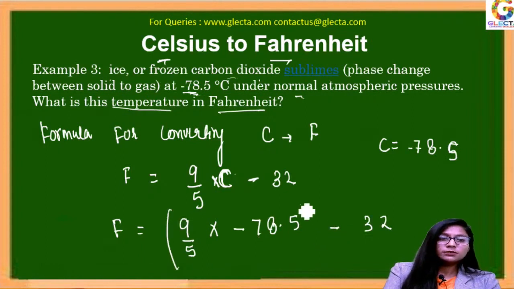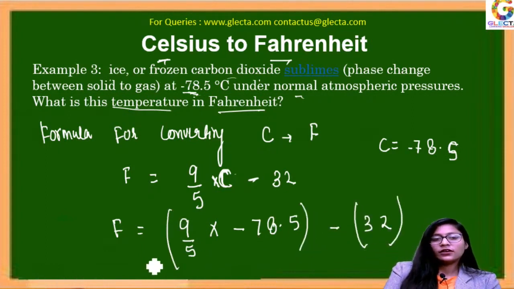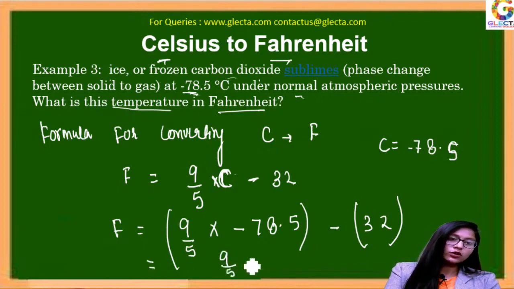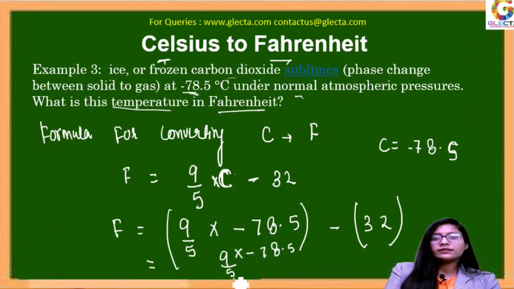Try to solve this part first and then subtract 32 from this. Okay, so how are you going to solve this? Just multiply minus 78.5 by 9 and then divide this value by 5 and you will get your answer.